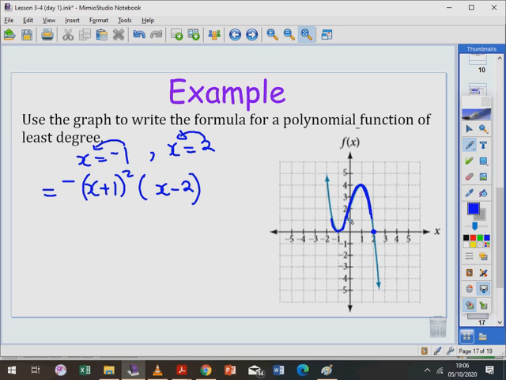Without the negative, you would still have a correct expression of least degree, but the negative tells me that the graph will have that shape. And you can test this on Desmos or your graphing calculator just to see whether you're right.